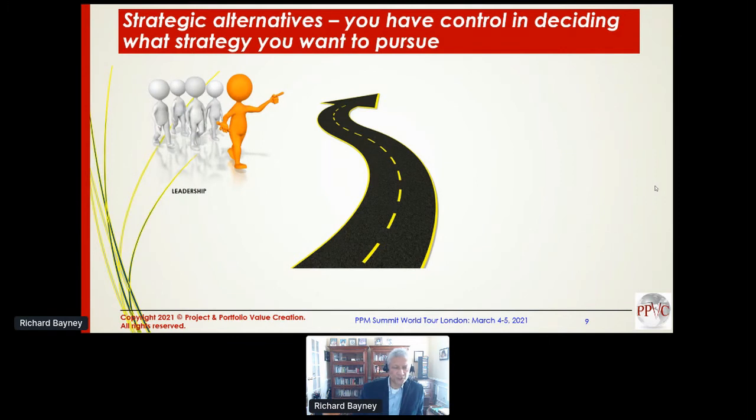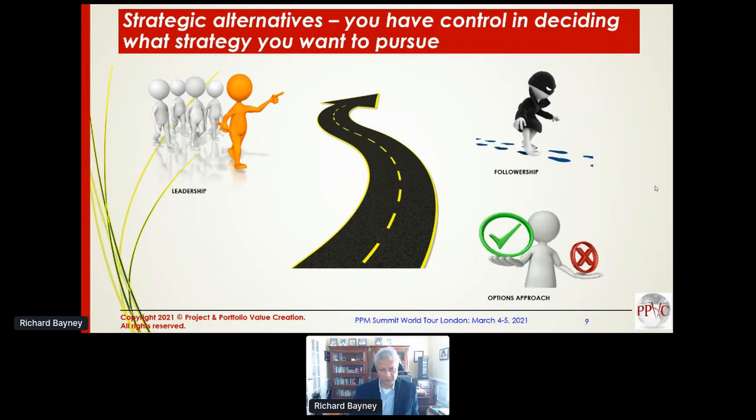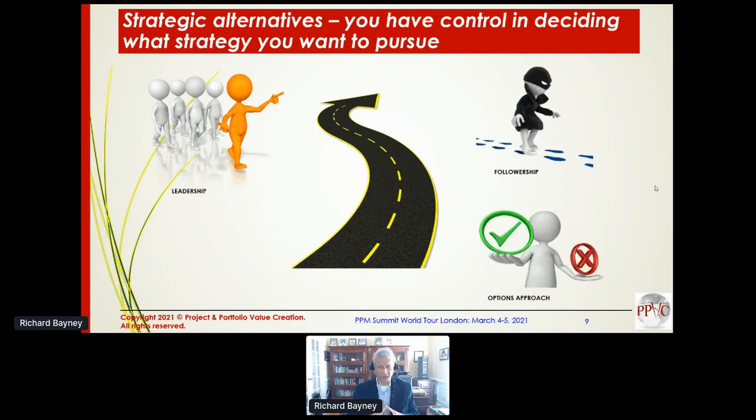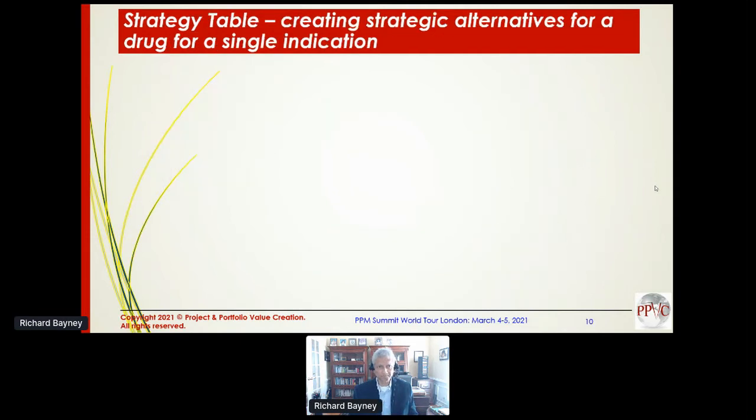Now, let's assume you wish to take a leadership strategy, however you define it, or a followership strategy, or an options approach where phase by phase you invest a little, learn a little before making a further commitment. So let's just assume that these are 3 strategic alternatives that are available to you for the purposes of essentially developing and commercializing a product. Let's call it a drug product.